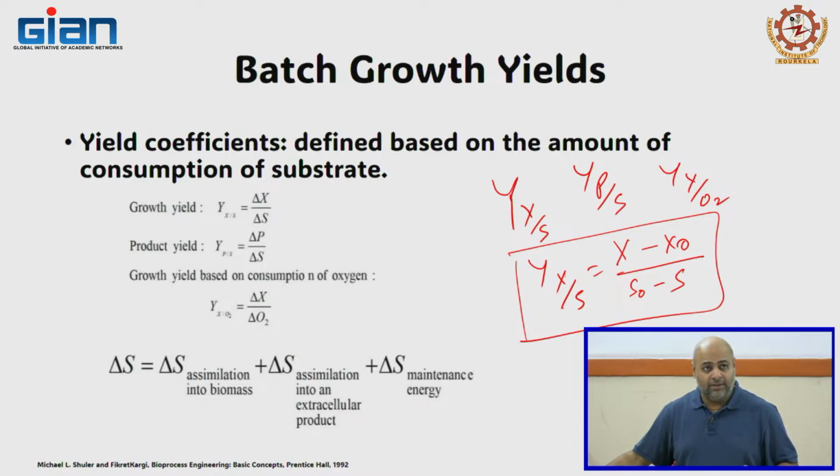Okay, so yield is clear, how we write it, the notations of it. We will get into how the equation works out. You will be seeing how we will be rearranging the equations.